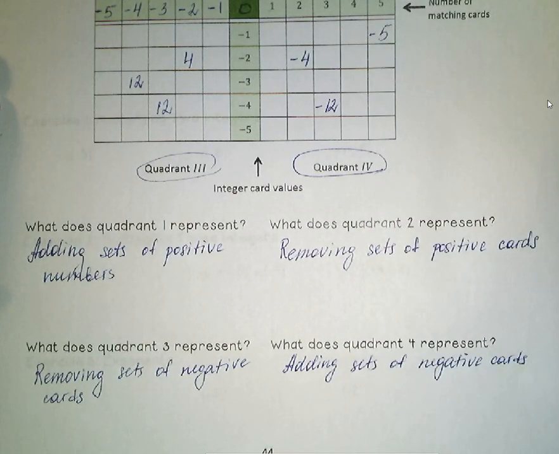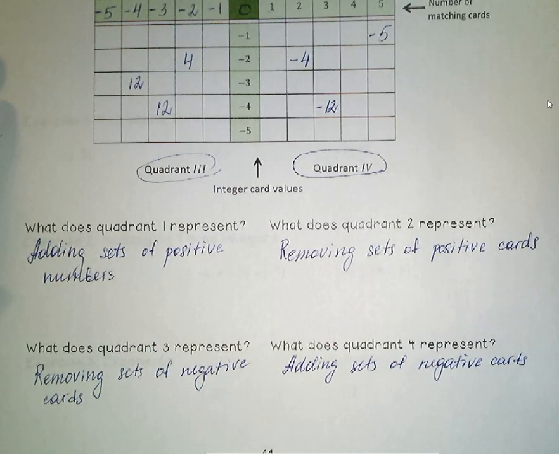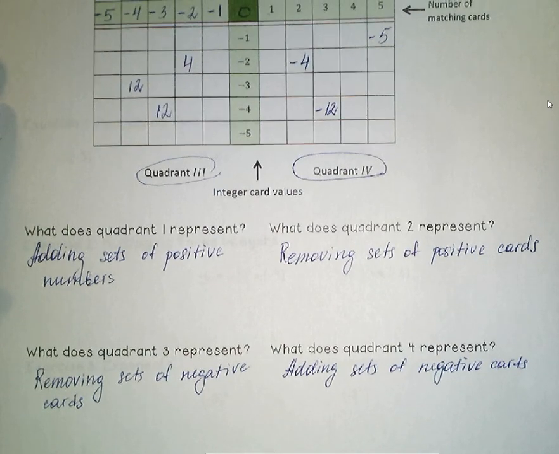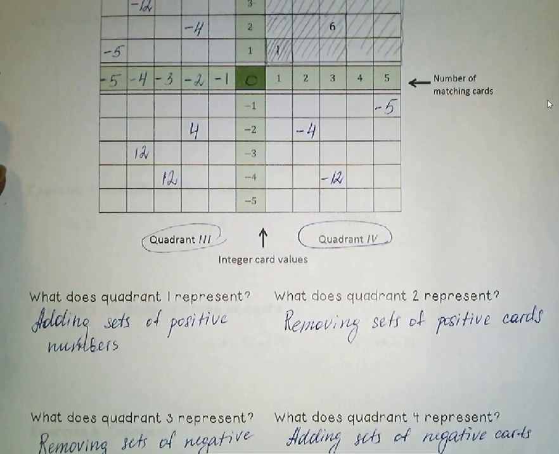That's basically it. So when I add numbers that are negative, my score goes down. When I add numbers that are positive, my score goes up. When I remove cards that are positive, my score goes down. When I remove cards that are negative, my score goes up.